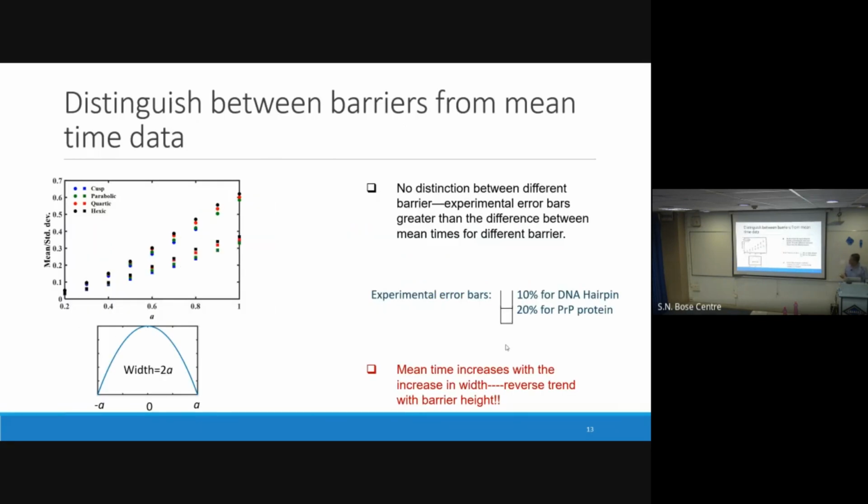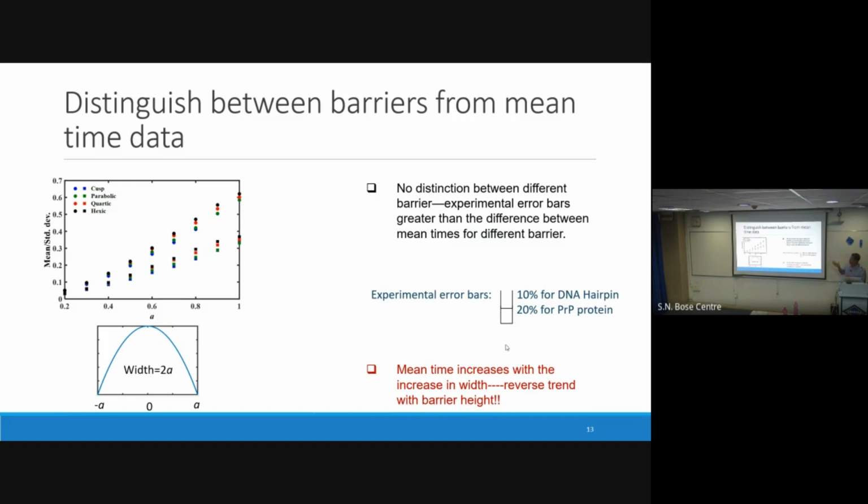Then we try to distinguish from a theoretical point of view whether one can determine the barrier shape from the mean time data. We tried different smooth barriers: cusp, parabolic, quartic and sextic. In all cases we plot the mean time versus the width of the transition path, and we plotted the mean and the standard deviation.